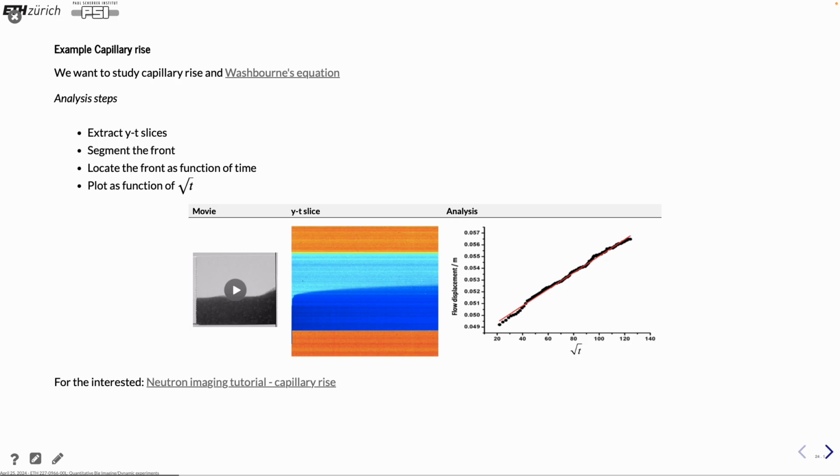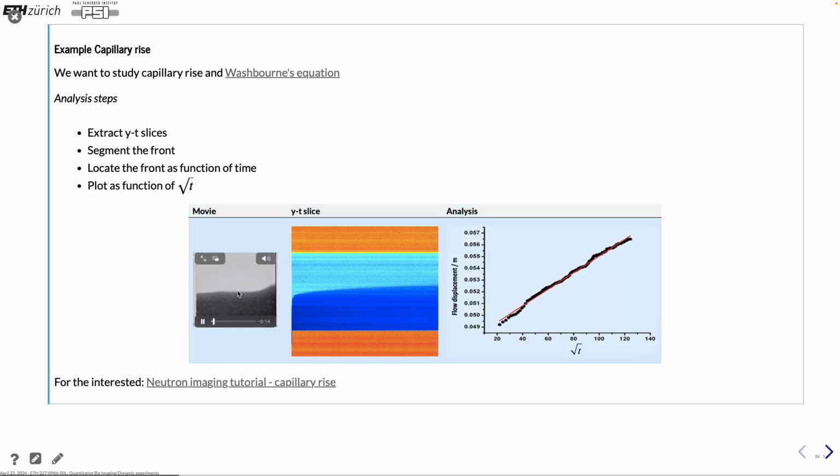But in principle, this rise can be described as a function of the square root of time. So in the beginning it's rising quickly, and then after a while it's getting slower. And from that we can now extract this YT frame, and you can see that there is a quick rise, and then it's going slowly toward convergence.